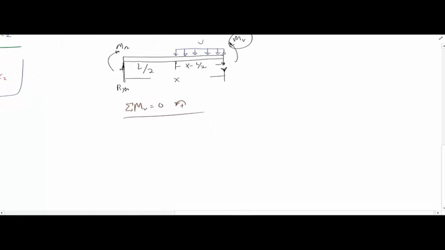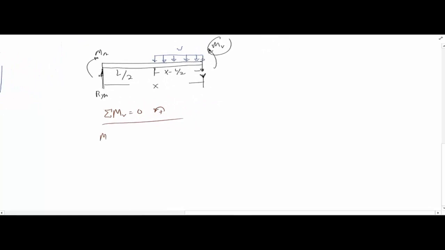And then looking at our values here, we'll have M sub V minus M sub A minus reaction Ay multiplied by x plus our distributed load, which is going to be w, multiplied by the distance, which is going to be x minus L over 2, and then multiplied by half of the distance, because we'll condense this to a point load, so it'll be x minus L over 2 divided by 2, and then all of this equals 0.